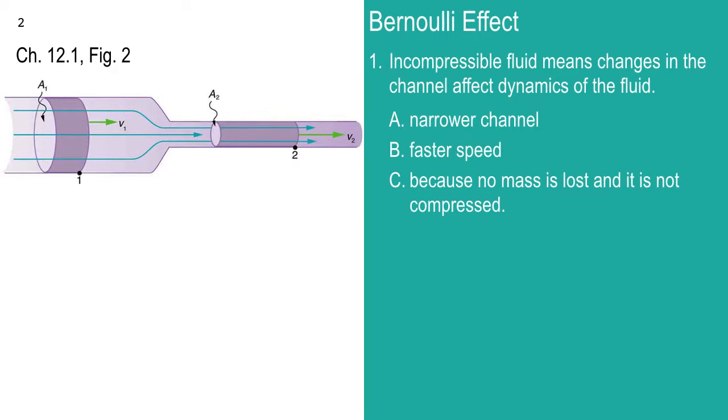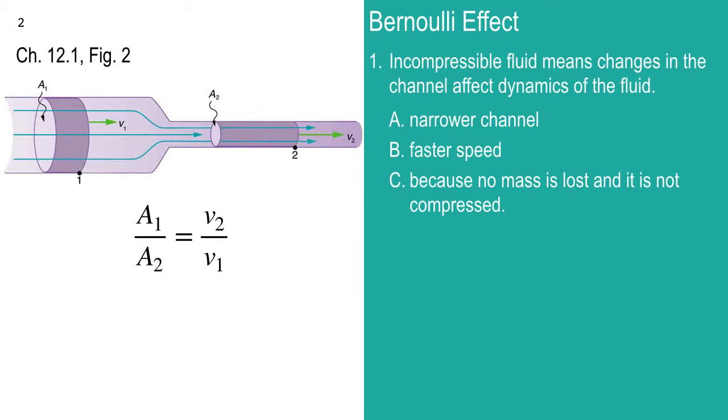But for an incompressible fluid like water, which can be compressed, but not by much and not under most circumstances, this is what we call the continuity condition. The ratio of the two areas, the big over the little, is inverse to the ratio of the speeds. So it's A1 over A2 equals V2 over V1.